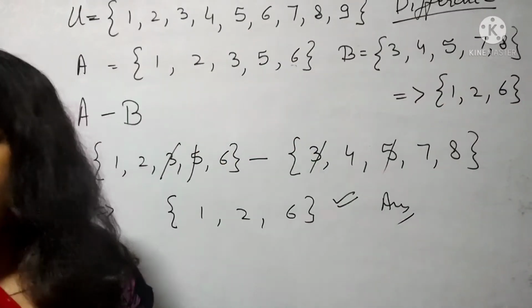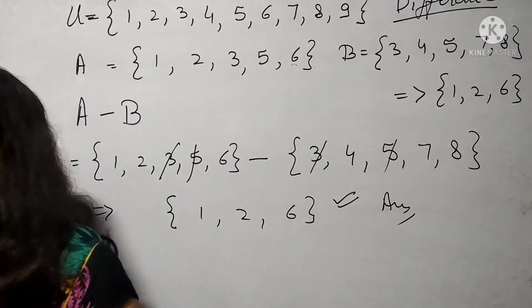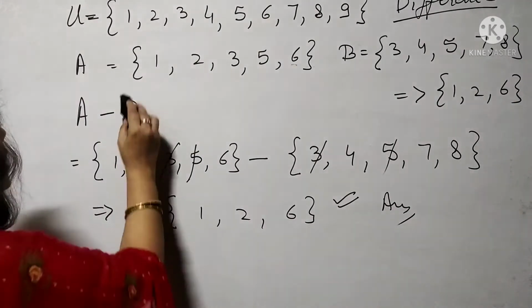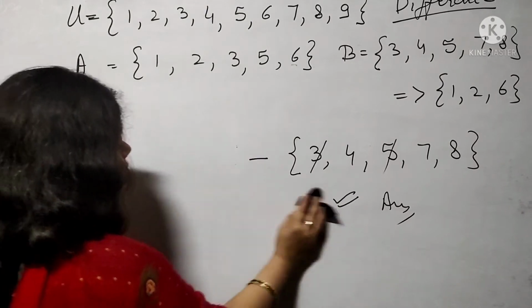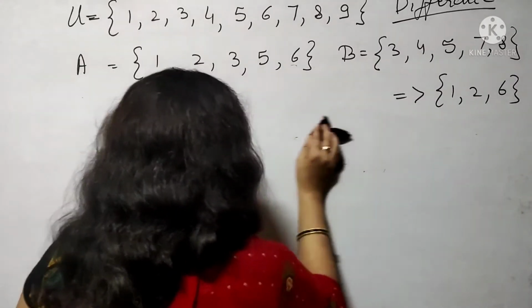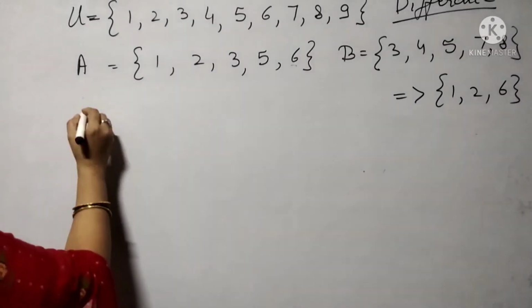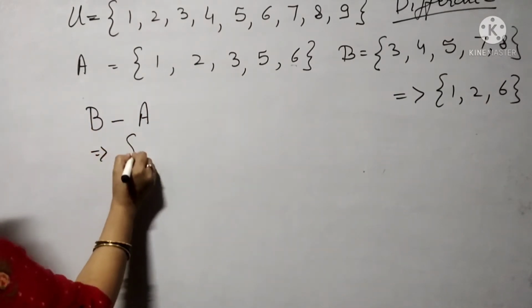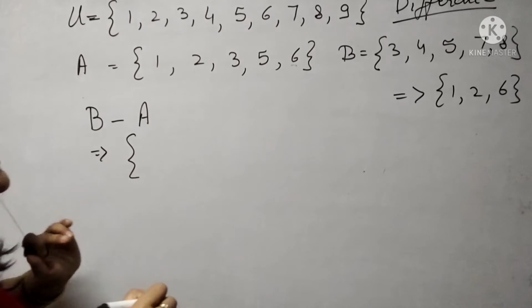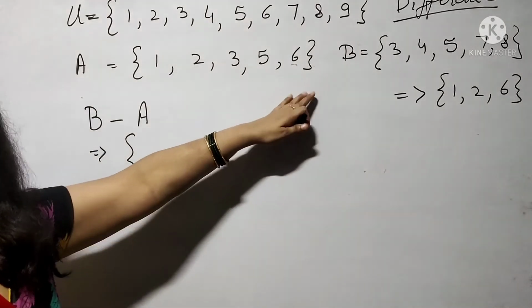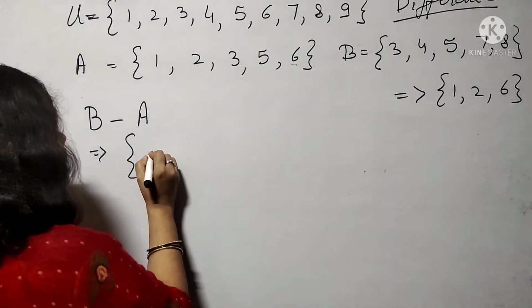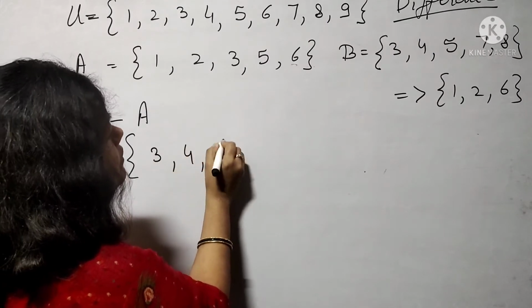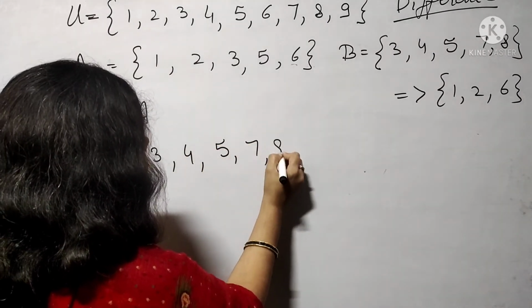Now let's try to find the difference B minus A and check whether the answer is the same or different. We write the set B first: 3, 4, 5, 7 and 8.